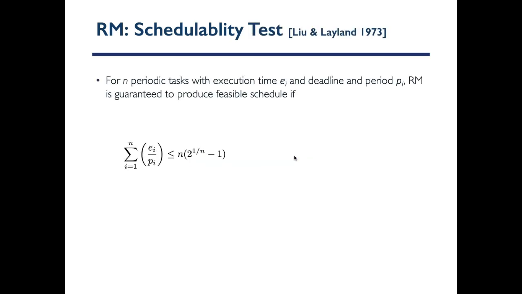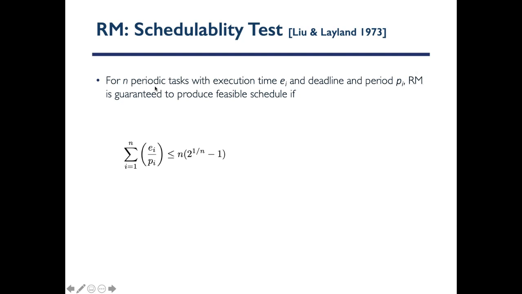In general, we have this theorem, which I'm not going to prove, but we're going to take it as is. It says that, let's say you have n periodic tasks with execution time Ei for each one of them, and deadline and period Pi for each one of them.